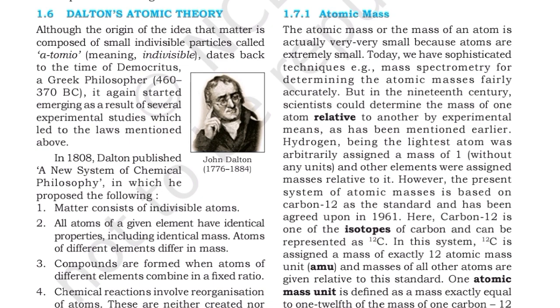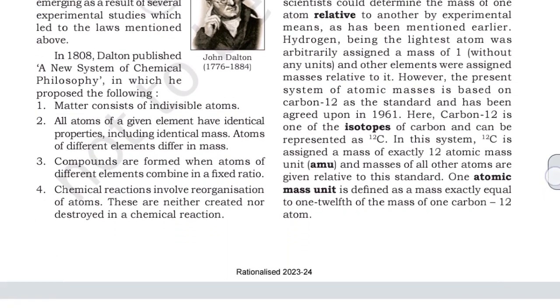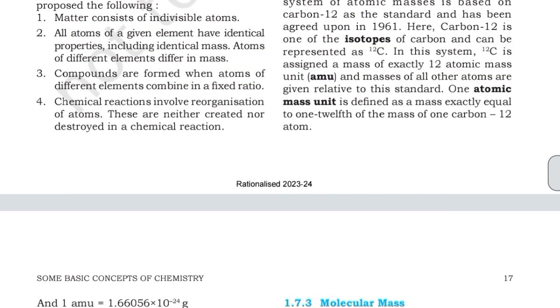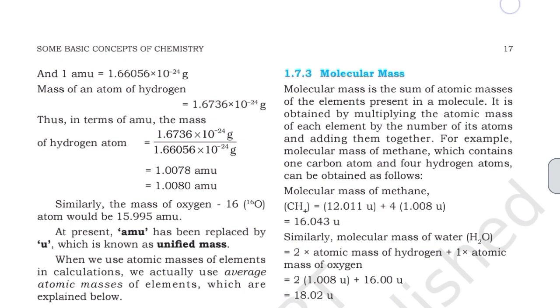In this system, C-12 is assigned a mass of exactly 12 atomic mass unit, amu, and masses of all other atoms are given relative to this standard. One atomic mass unit is defined as a mass exactly equal to 1/12 of the mass of one carbon-12 atom. And 1 amu is equal to 1.66056 × 10^-24 grams.